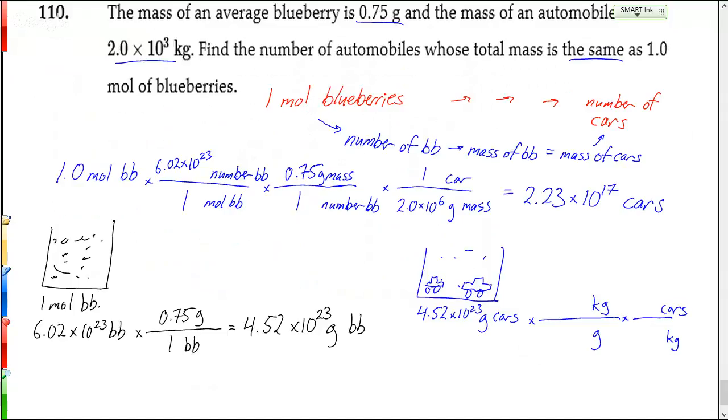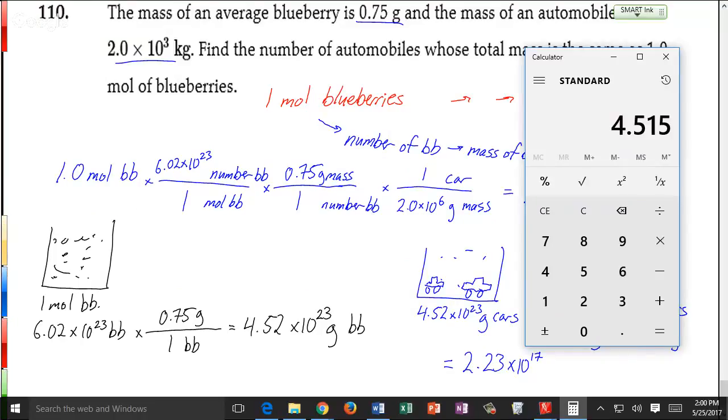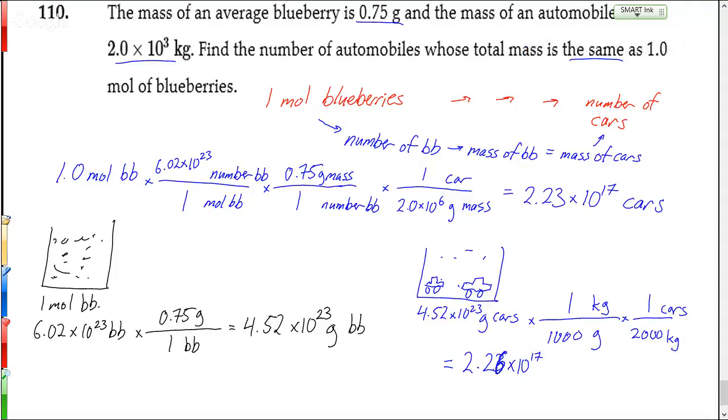And then we would use those same numbers. So we've got 1,000 grams per kilogram. We've got 2,000 kilograms per car. And that should give us that same number, 2.23 times 10 to the 17th. It's going to be not quite the same because we rounded over there, but it'll be sort of close. So 4.52 divided by 2 is 2.26, but close enough.